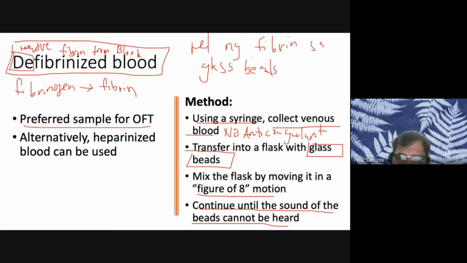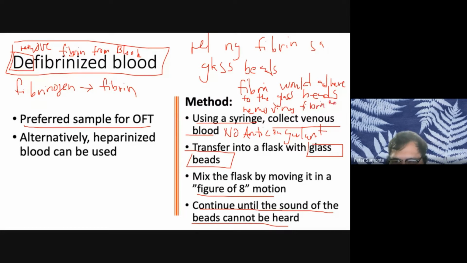Okay. So what happens here, class, is that your fibrin would adhere to the glass beads, because they are a net-like structure. Thus they would attach to the glass beads, removing fibrin from the blood.